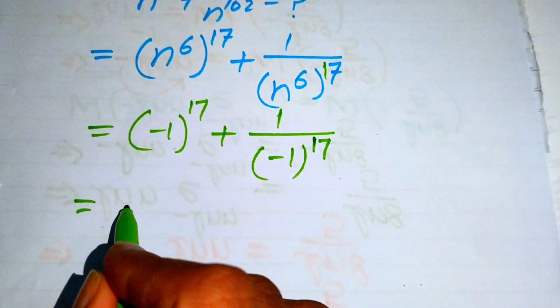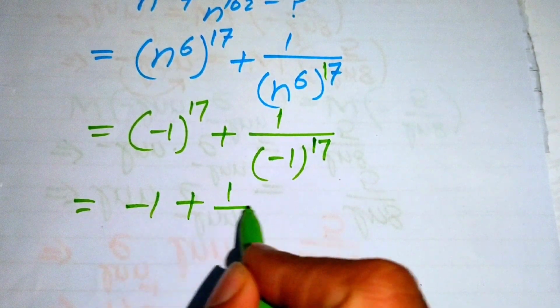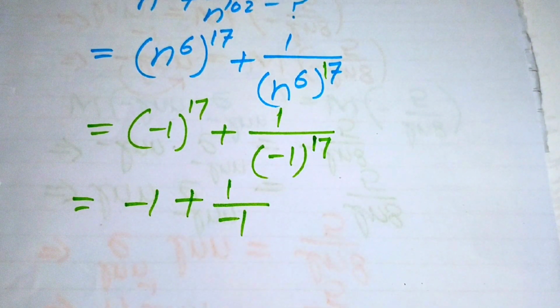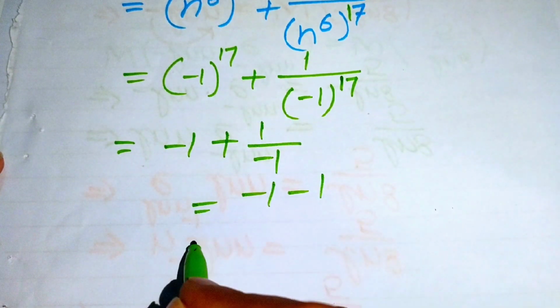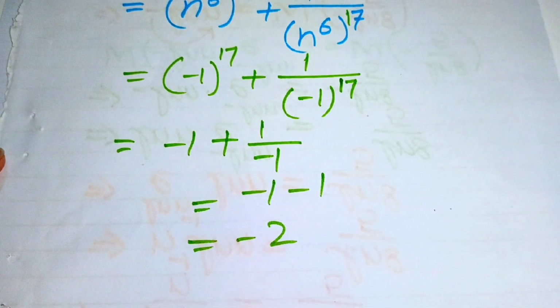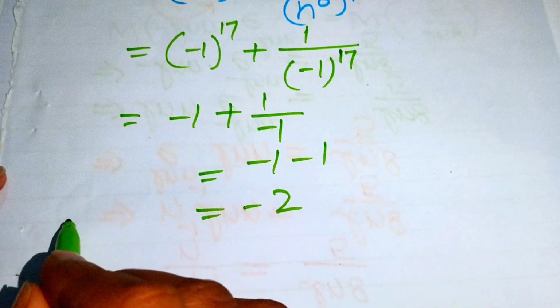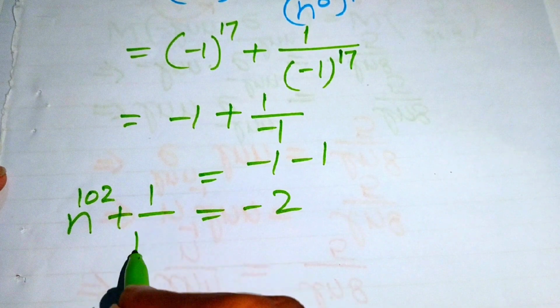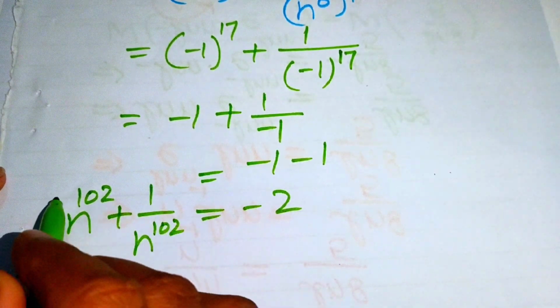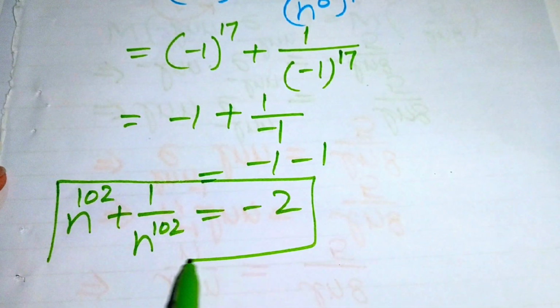So this value equals minus 1 plus this is also equal to minus 1, so finally we get minus 1 minus 1, which equals minus 2. And this is our required answer: n to the power of 102 plus 1 over n to the power of 102 equals minus 2.